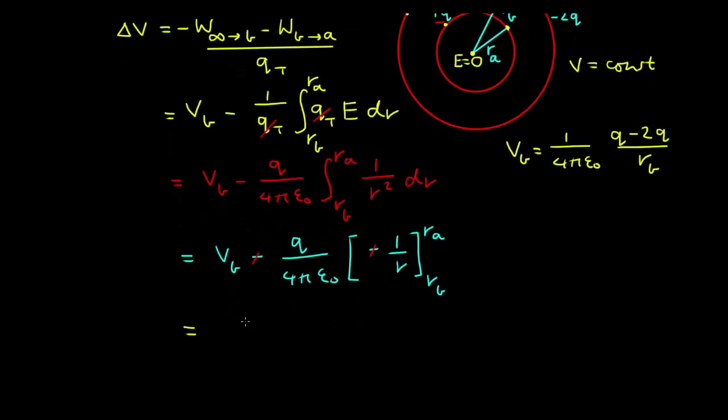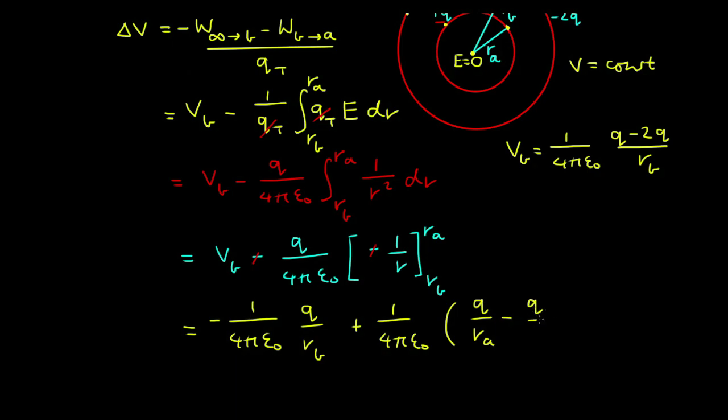So if we substitute into here, we get 1 over 4 pi epsilon naught by minus Q on Rb, and then plus 1 over 4 pi epsilon naught by Q on Ra minus Q on Rb. And note that this is the change in electric potential as the charge was moved from infinity to the surface of the inner shell.